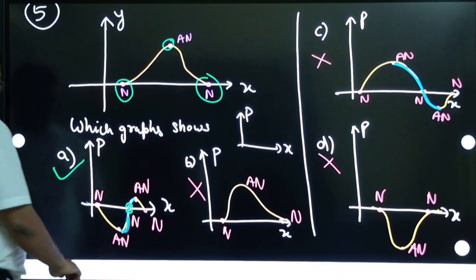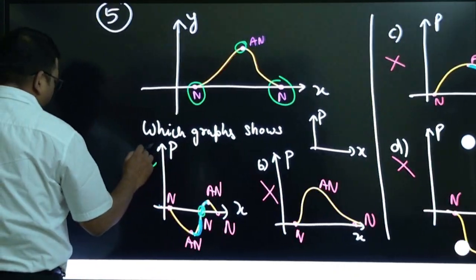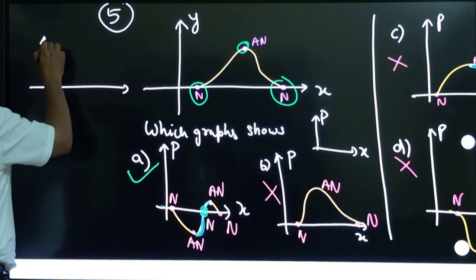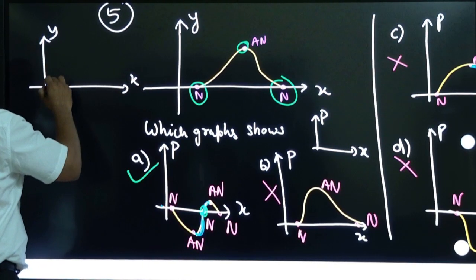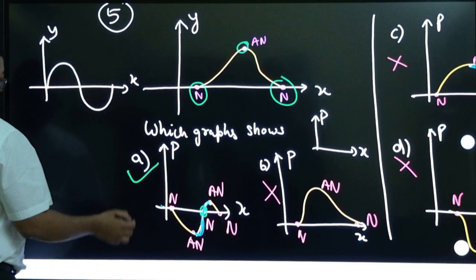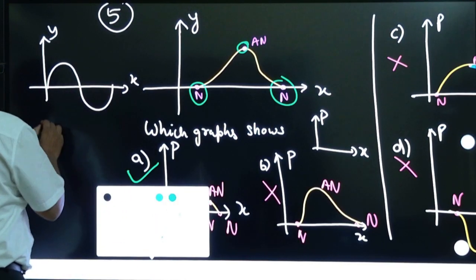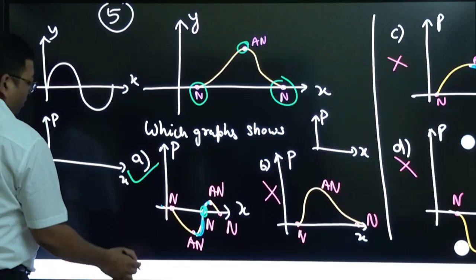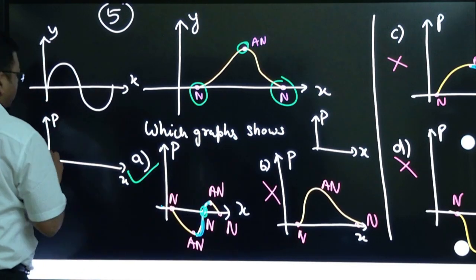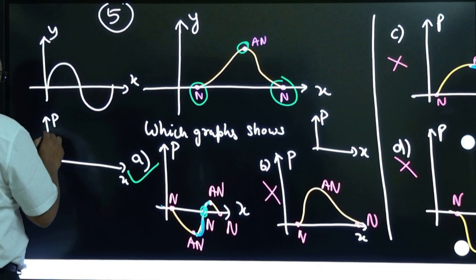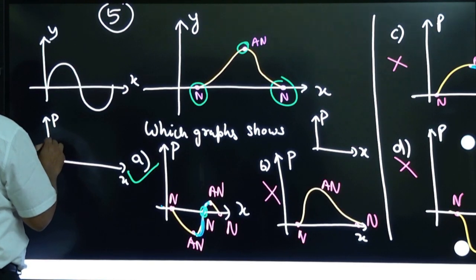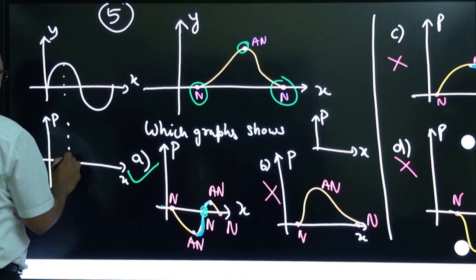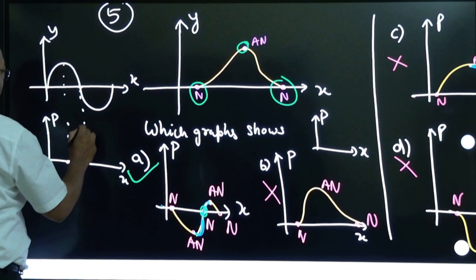Suppose we try to draw the graph of displacement, and maybe then we can get some idea. Suppose you draw the y-x graph, let us say this is a sine graph like this. And if I draw the pressure-x graph, pressure is a cos function, right? A cos function starts like this way, right? Wherever this is maximum, there will be a minimum, and wherever this is minimum, that will be a maximum.